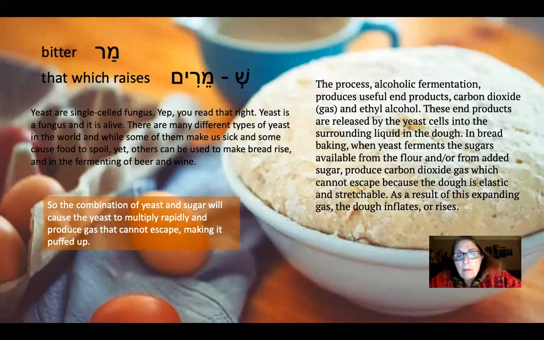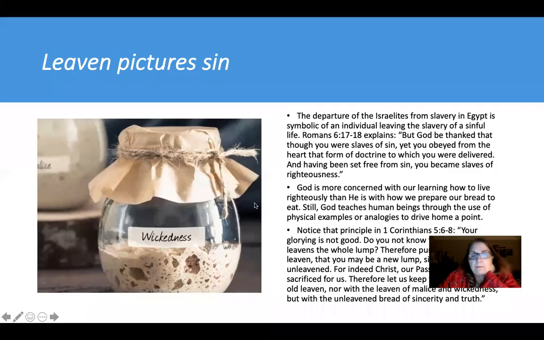So it's going to be real important later on to remember that yeast is made more puffed up by the use of sugar. And when we find out what sugar is, we'll see what happens in the congregation or our churches. So how is sin and false doctrine like yeast? We're going to look at that.